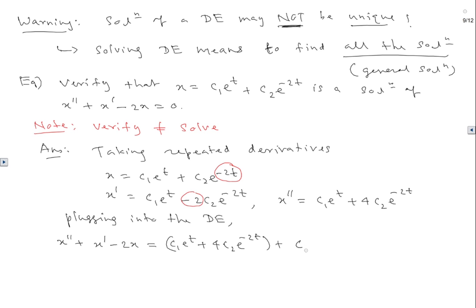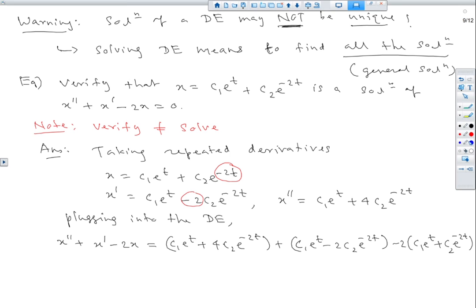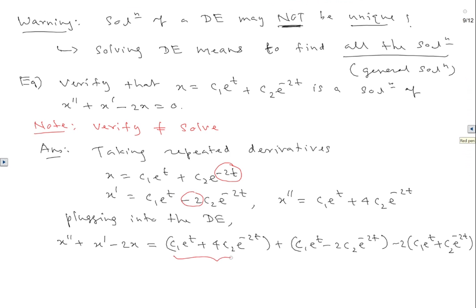What is x prime? c1 e to the t minus 2 c2 e to the negative 2t, and then minus 2 times the function, which is c1 e to the t plus c2 e to the negative 2t. So this is x double prime, this is x prime, and that is x. We plug in all three, and then we simplify.